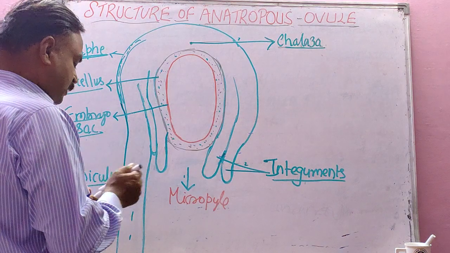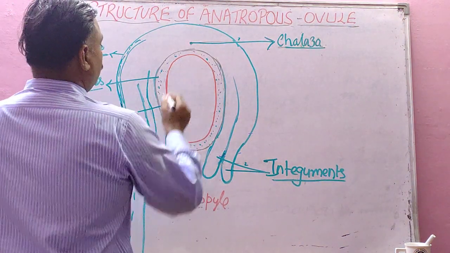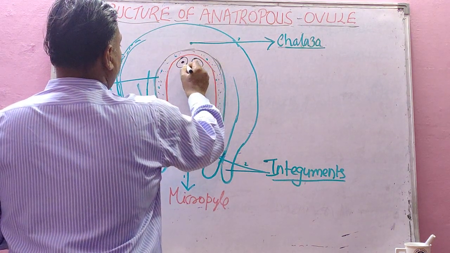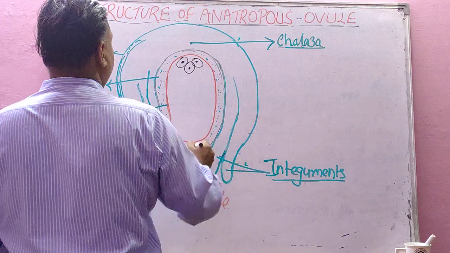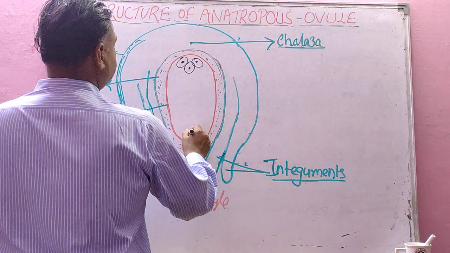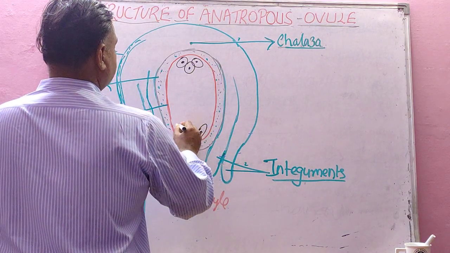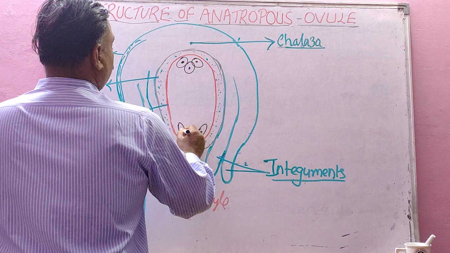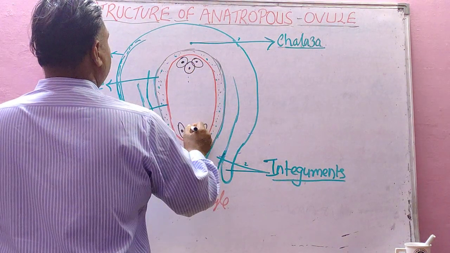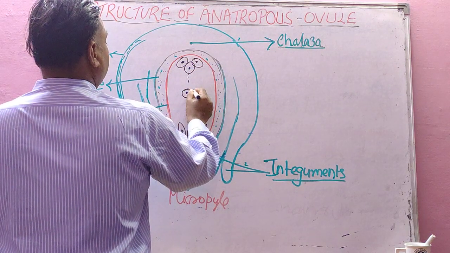Now student, let us see the most important structure inside the ovule. During the development of ovule, we have 4 cells on each pole. One cell from each pole migrates and comes to lie in the center.